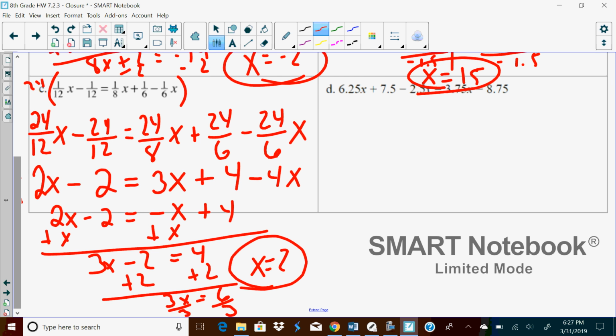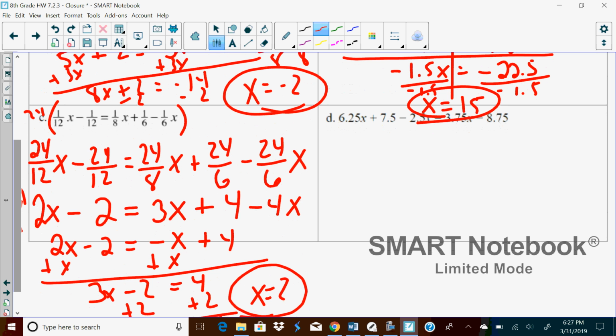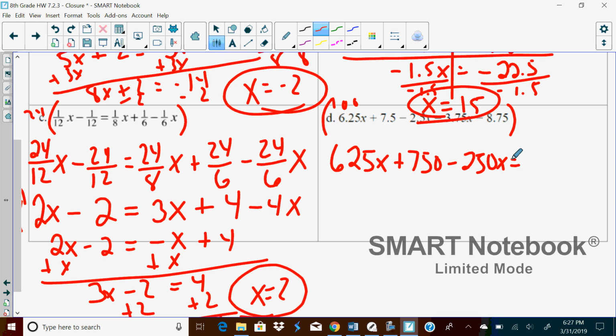And for D, first thing I did was multiply everything through by 100. So I ended up with 625x plus 750 minus 250x equals 375x minus 875.